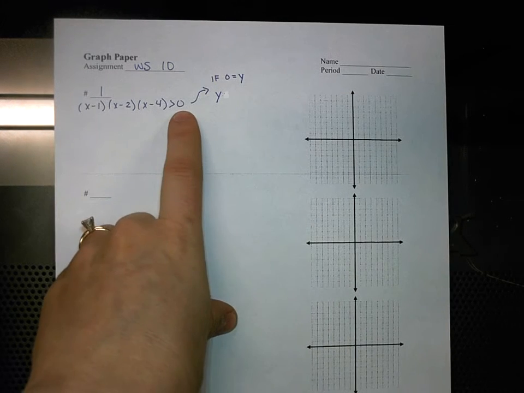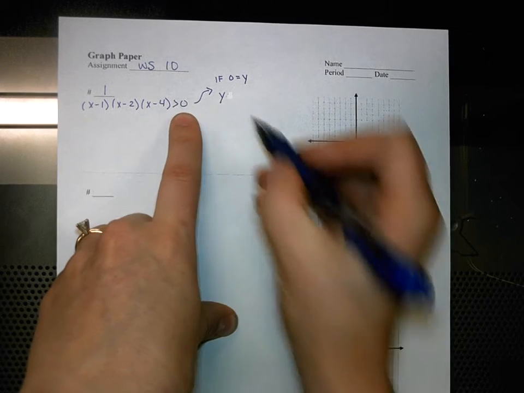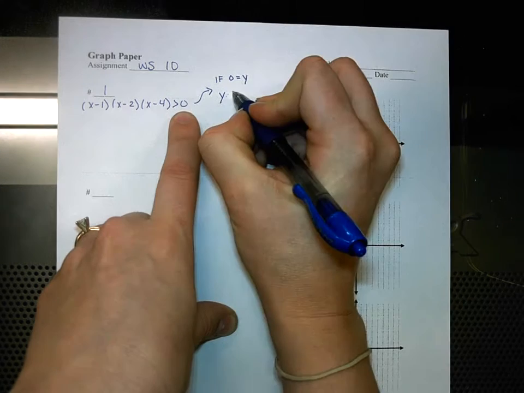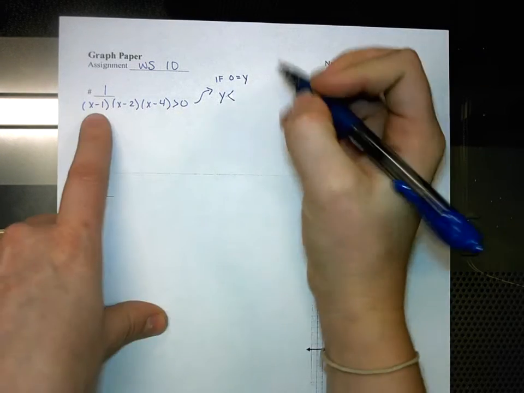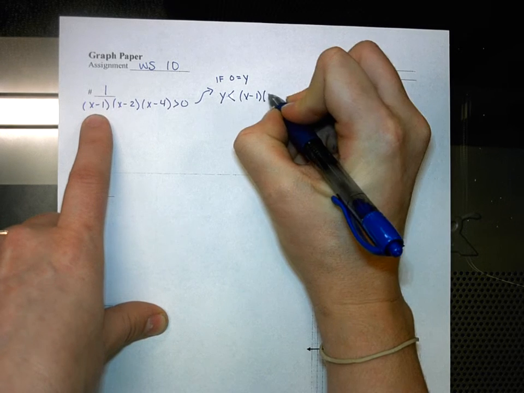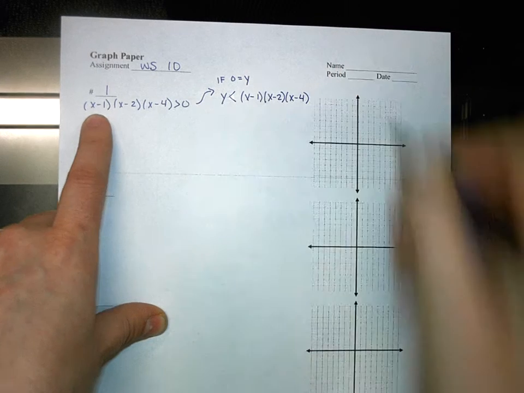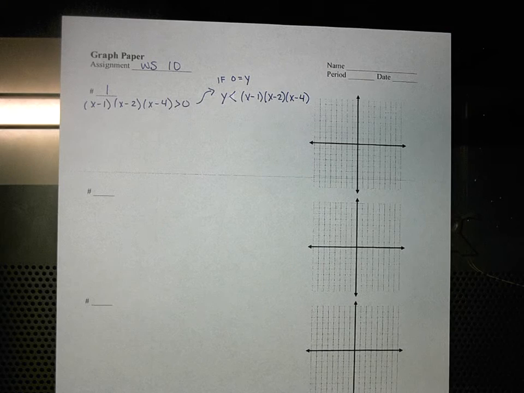So how would I write this if I'm plugging in y for that 0 right there? What's my sign going to be? Less than. So this is going to be y is less than x minus 1 times x minus 2 times x minus 4.